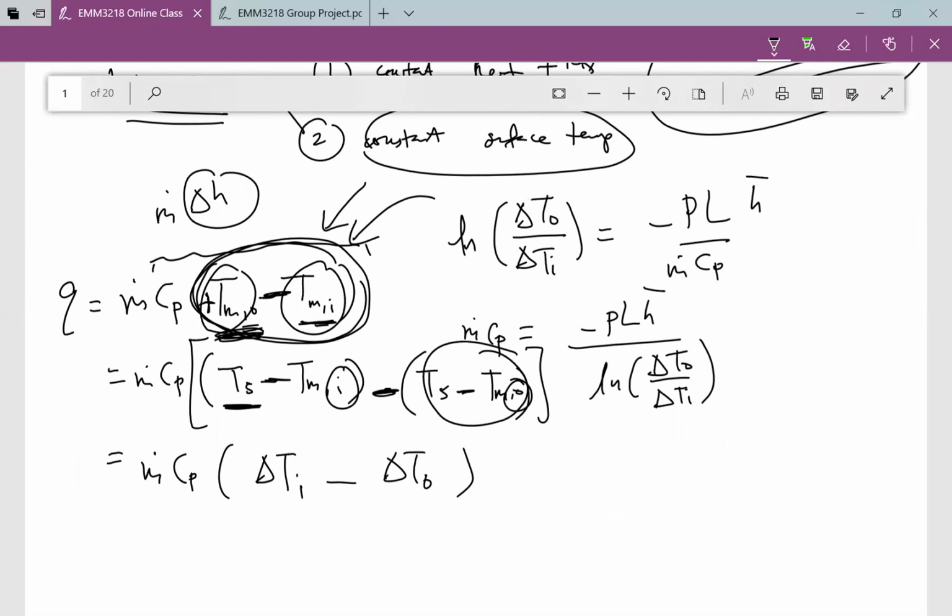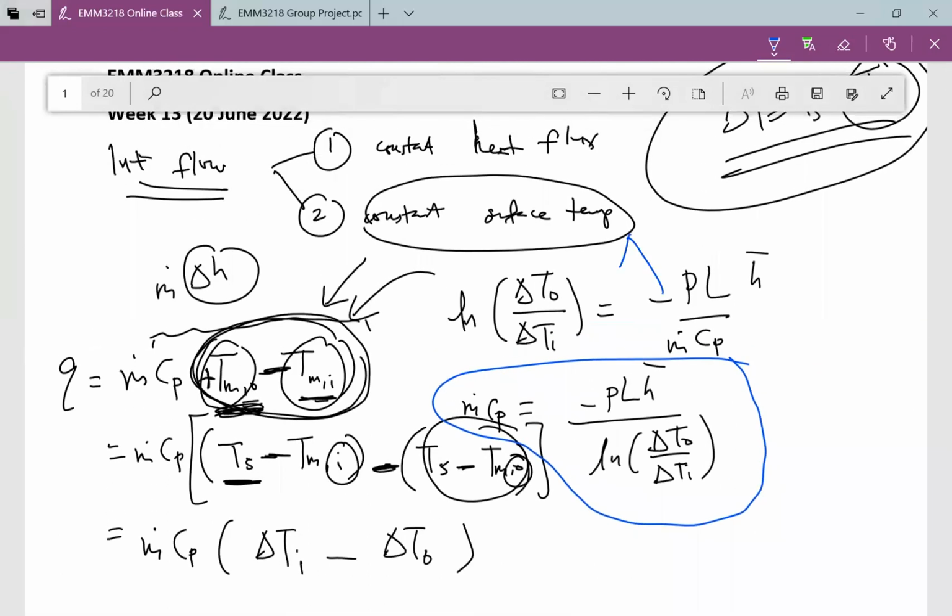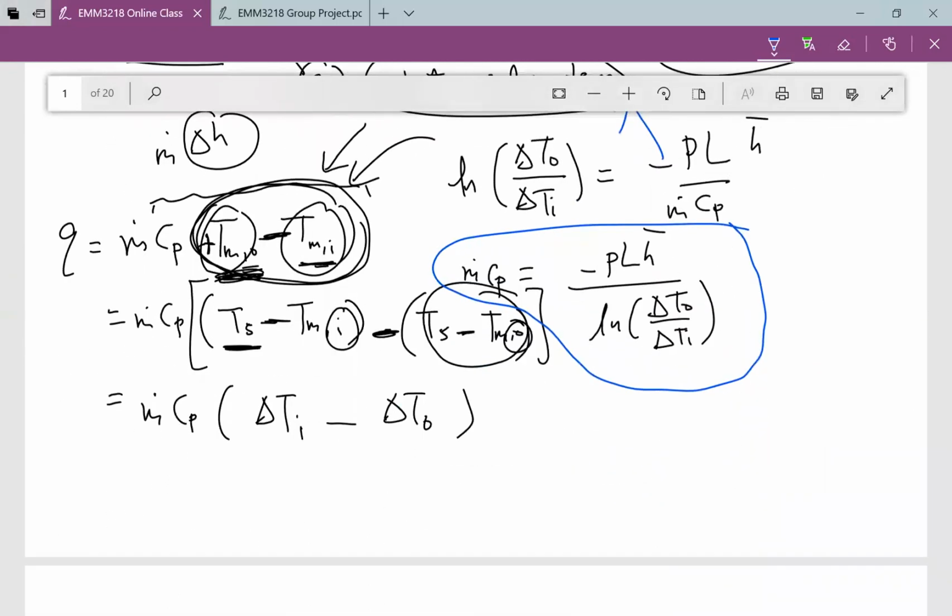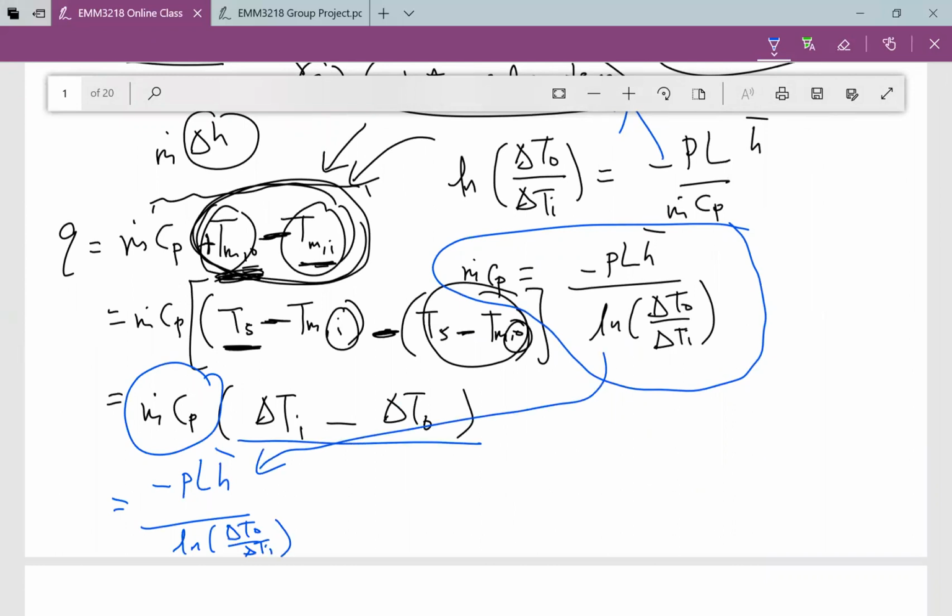And here we have a relation between m dot Cp and the other terms from this analysis, right? So we can further replace that term here. So I'm just going to write down that is actually this term, and then multiplied by that delta T difference.